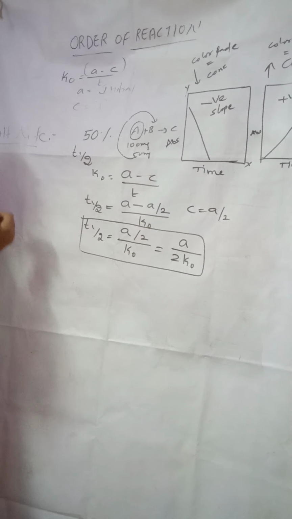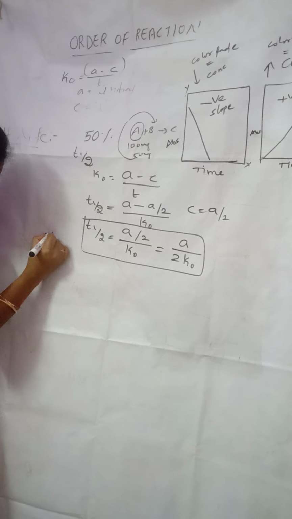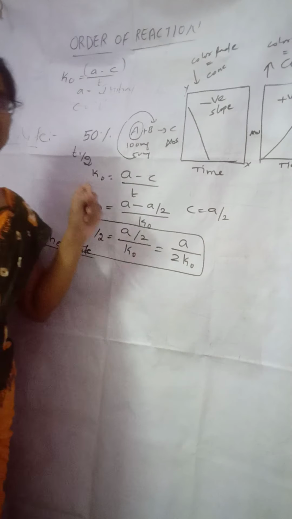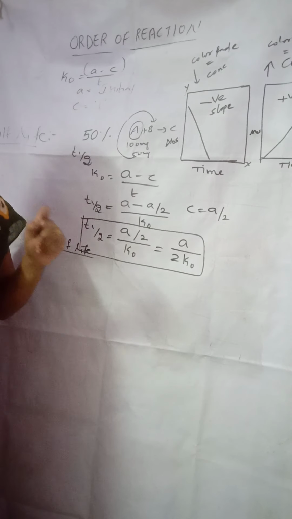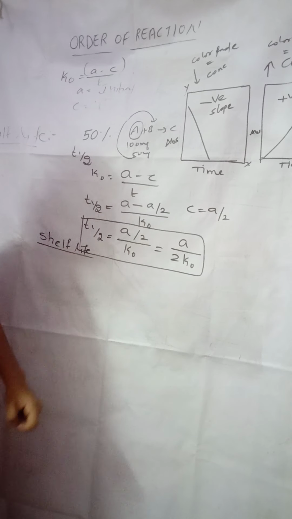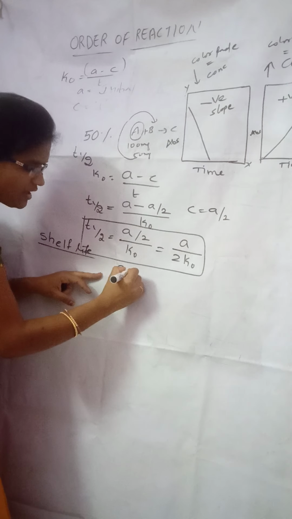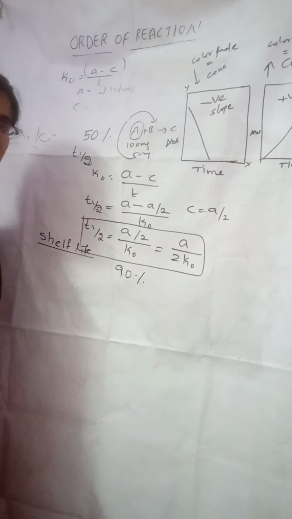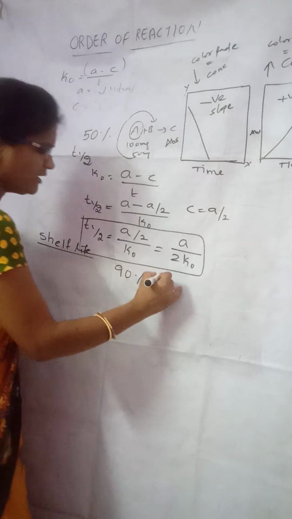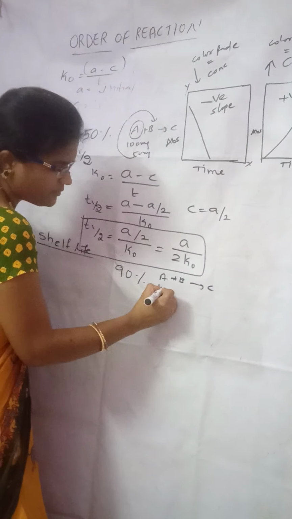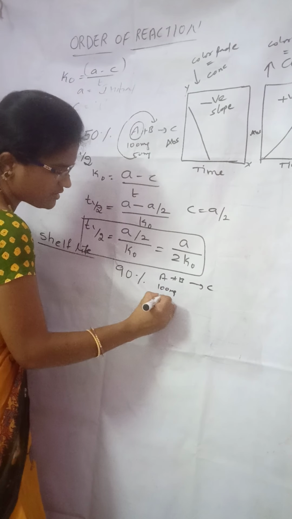And lastly, in zero order we are going to discuss shelf life. Half-life is the time required for the reactant to reduce to half of its initial concentration, whereas shelf life means the time required for the reactant to reduce to 90% of its initial concentration. Take the same example, A plus B gives C. We have taken 100 mg of A, and 90% means 90 mg.